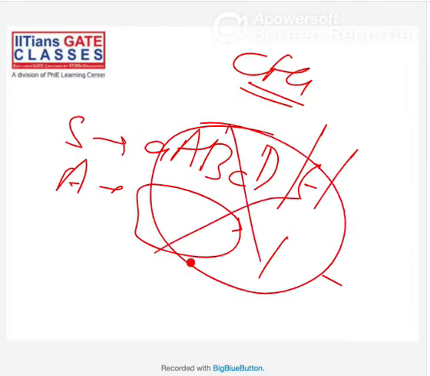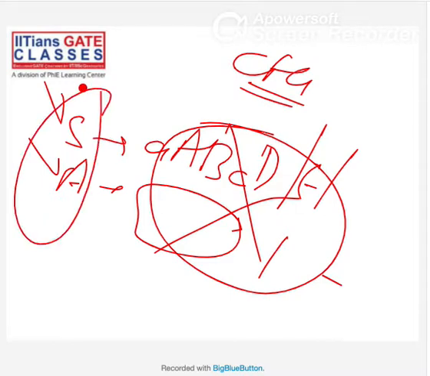We only put the restriction on the LHS, that on the LHS of every production you should have exactly one variable. This is the only restriction we put. You know this thing. So a CFG can have a very ugly structure.